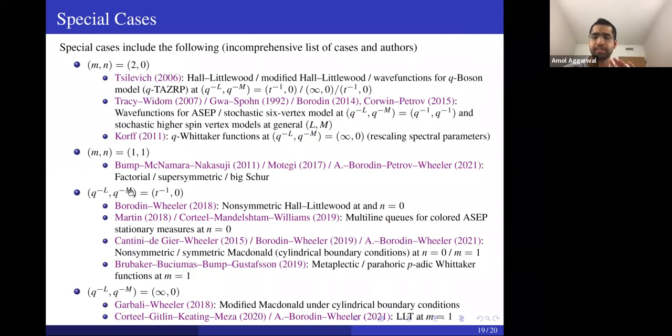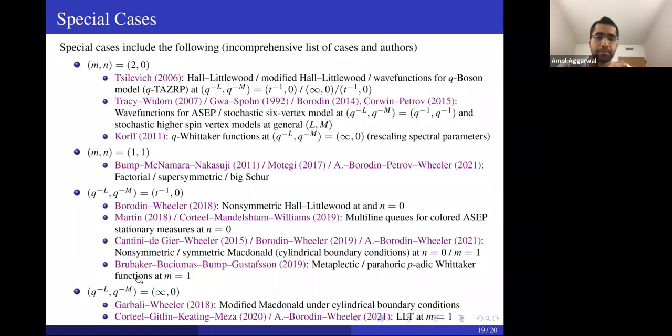So you should view this as kind of setting L to be 1 and M to be minus infinity. If I imagine that Q is less than 1, then you can get a fairly wide family of polynomials, including non-symmetric Hall-Littlewood, various types of multiline queues for ASEP stationary measures. You can get certain families of non-symmetric and symmetric Macdonald polynomials.